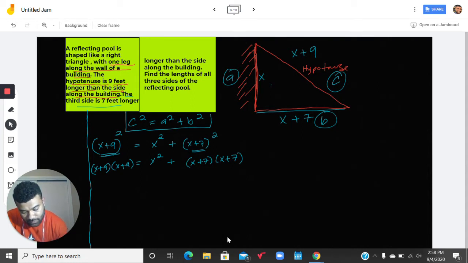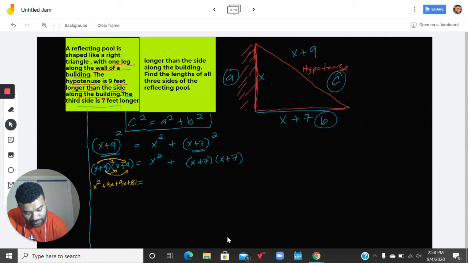Then if we continue, I'll distribute the left. It's going to be x squared, and then x with a 9 is going to be a positive 9x, and then 9 with an x is going to be 9x, and then 9 and 9 is going to give me a positive 81.